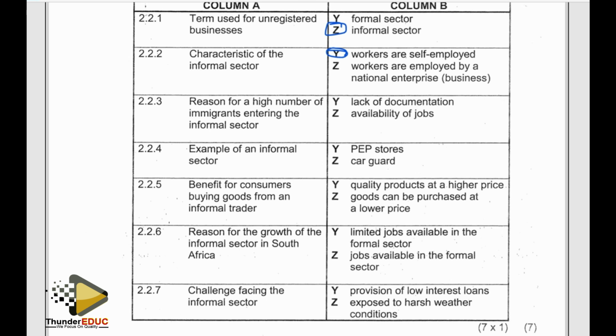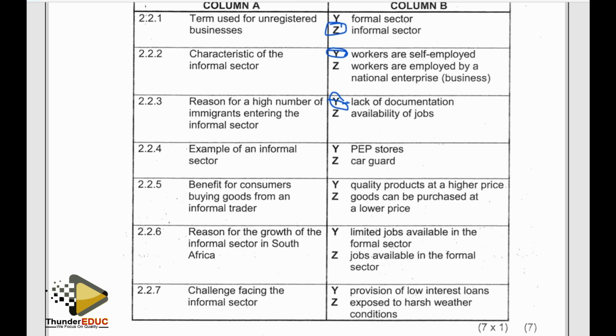Lack of documentation. Without proper documentation, you cannot join the formal sector because you need to be properly documented if you are an immigrant. Right, then number 224, example of an informal sector, we have Pep stores and car guards. Right, definitely Pep store is a registered business which is operating almost everywhere around South Africa.